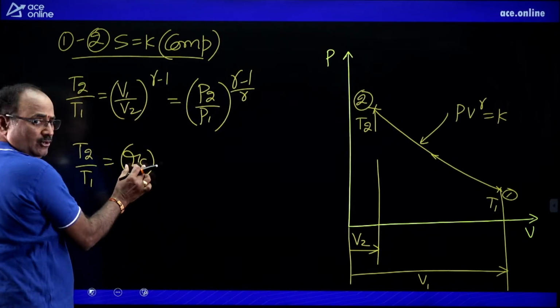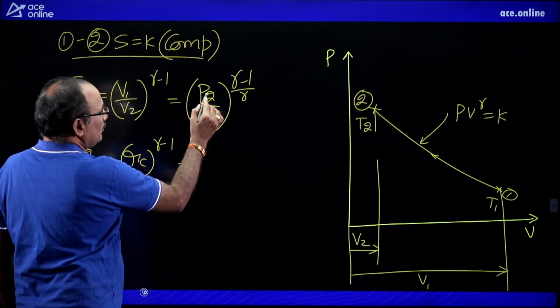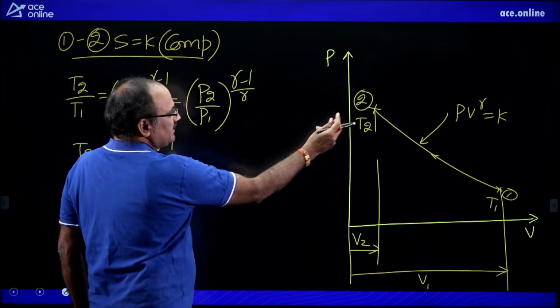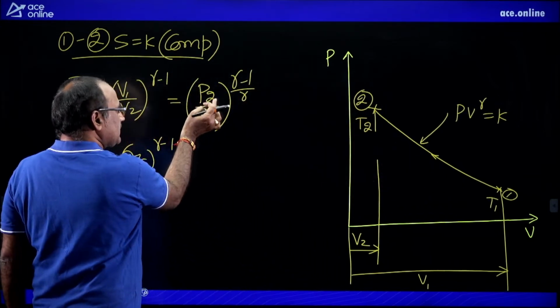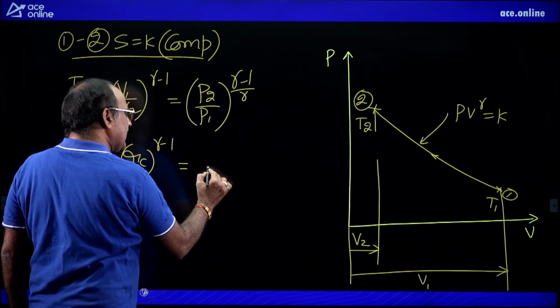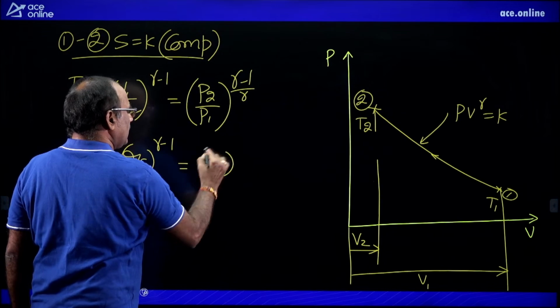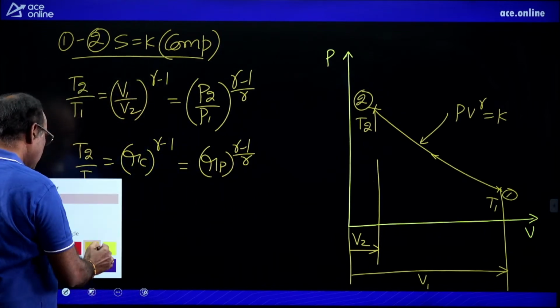So V1 by V2 is RC, the compression ratio, power gamma minus 1, equal to P2 by P1. P2 is the pressure after compression, P1 is the pressure before compression. Pressure after compression divided by pressure before compression can be called the pressure ratio RP, power gamma minus 1 by gamma. From this, what is the moral?